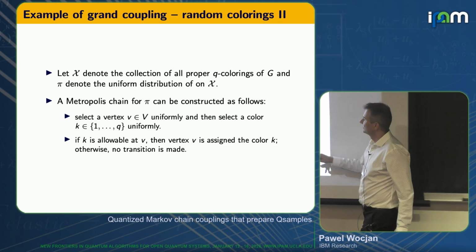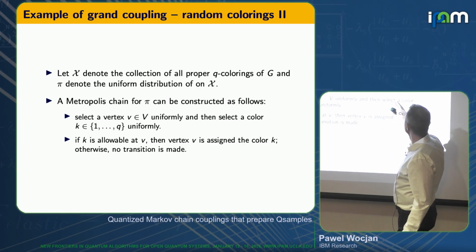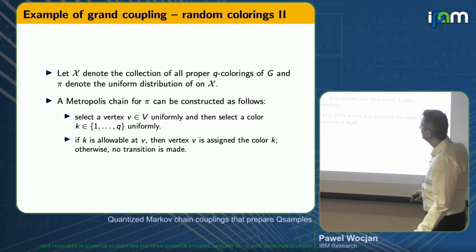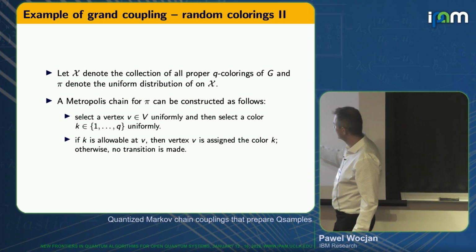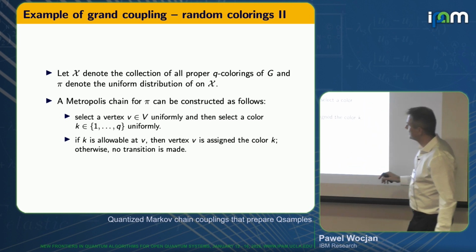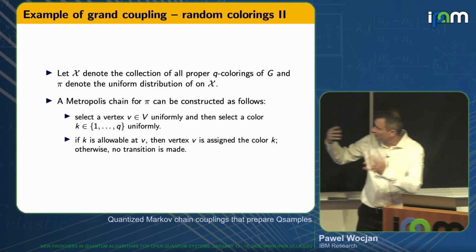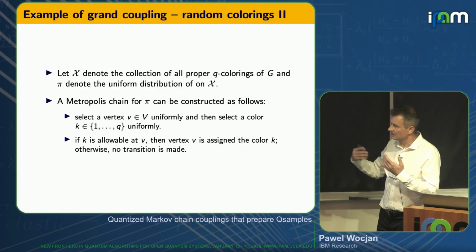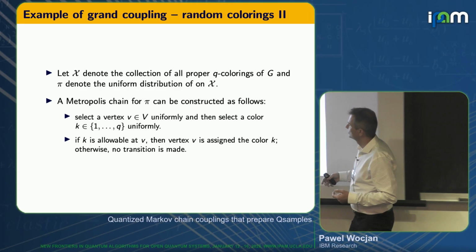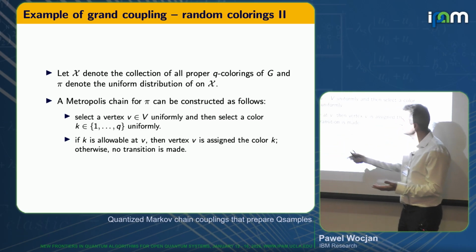So you just select a vertex V uniformly at random and then select a new color. And if this new color is allowable at V, then the vertex is assigned this color K, and otherwise no transition is made. Okay, and so basically this shared randomness is choosing a random vertex and also choosing a new color.